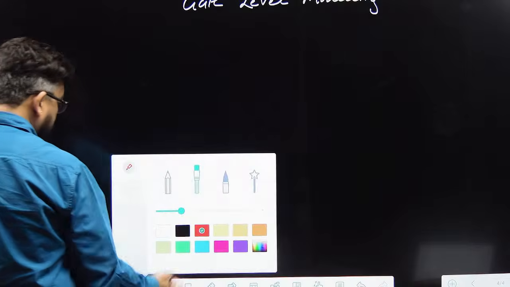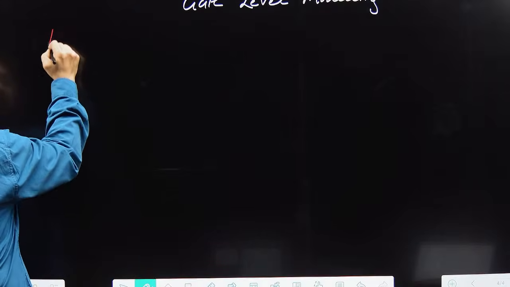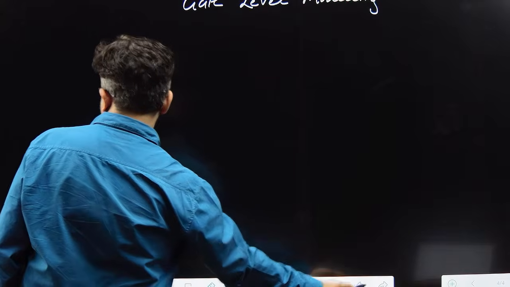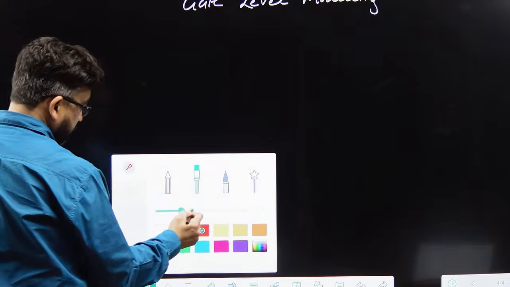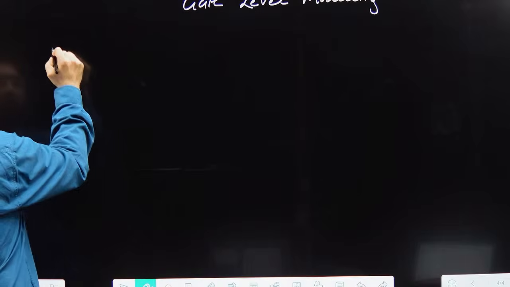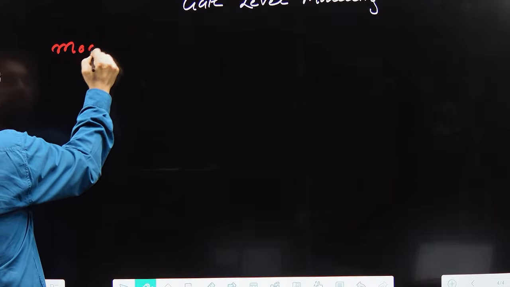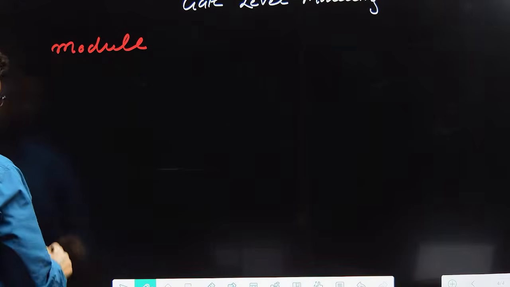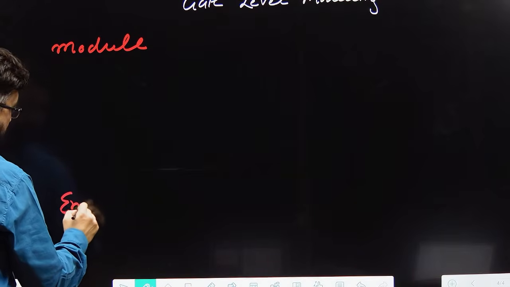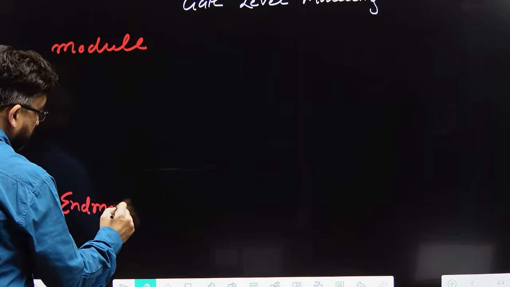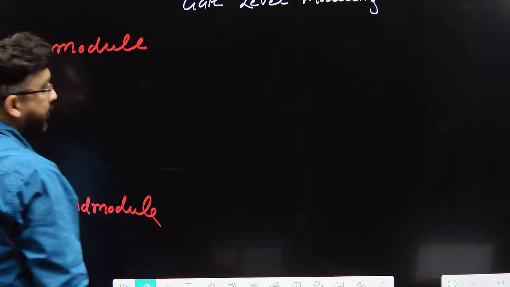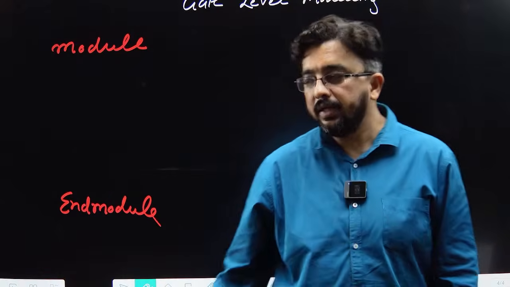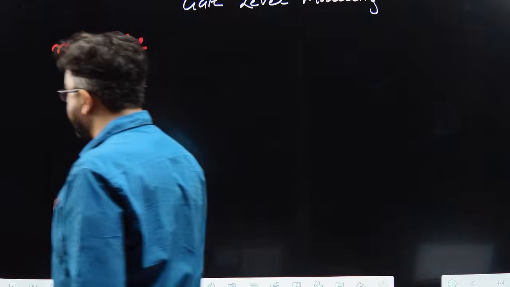Verilog starts with the keyword module, in small letters, and ends with endmodule. Inside this, what do you have to write?